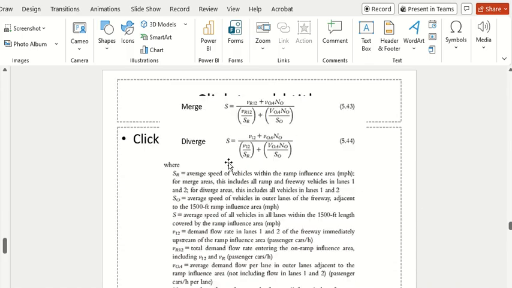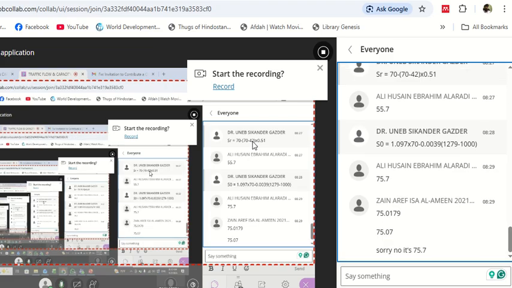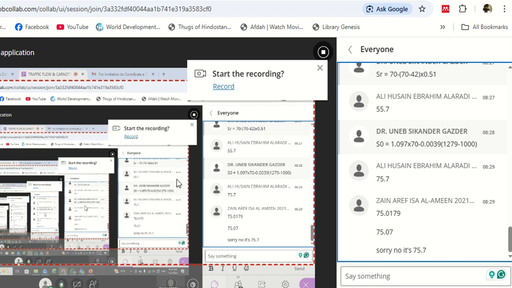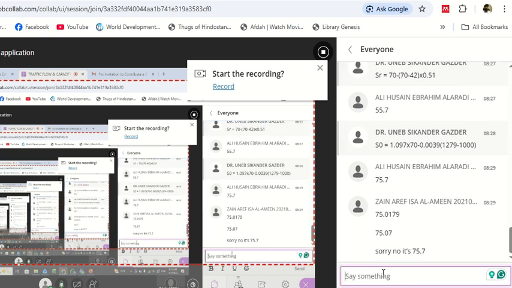So now we can calculate the overall speed of the freeway, including both of the sections. So speed is 75.7.